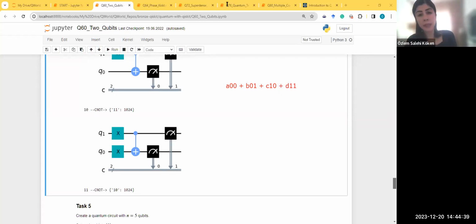It's not always the case that we will apply CNOT only to basis states like 00 or 01. We can apply it to a state in superposition, so don't forget about this. And what is your guess?